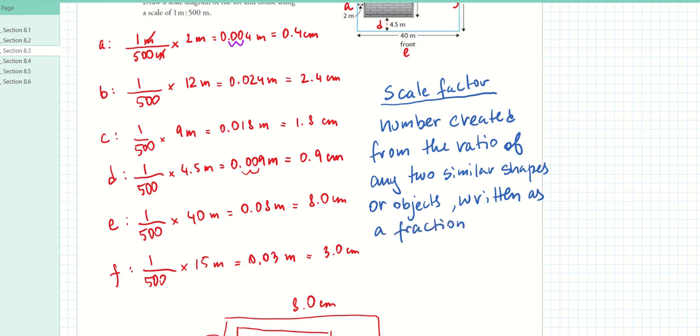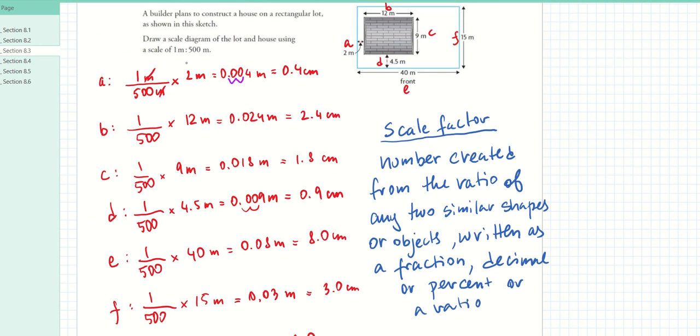So again, a lot of the stuff you probably remember from grade 8 math. Fraction, decimal, or percent. Or a ratio too, I should add that in. Or a ratio, that's how it's written here. So if you remember, this is your ratio notation.